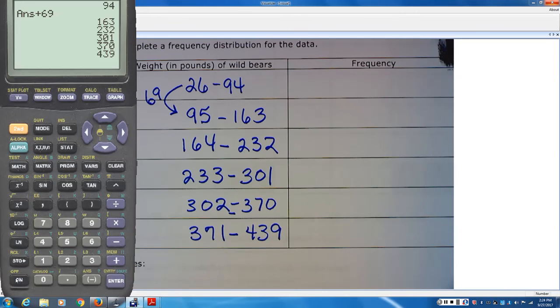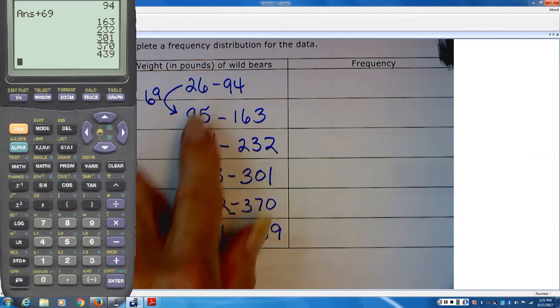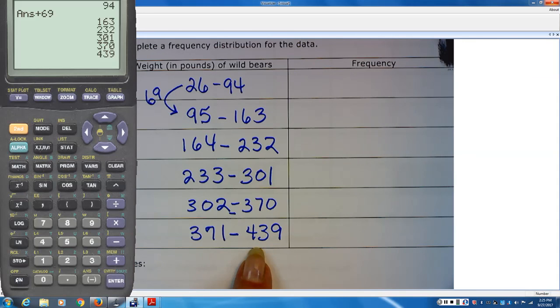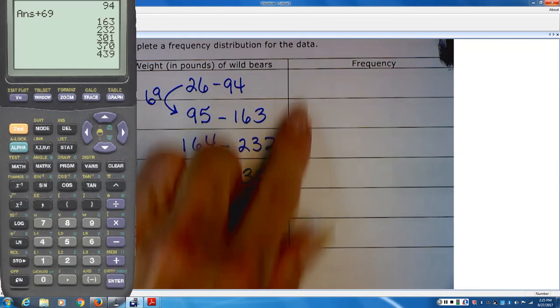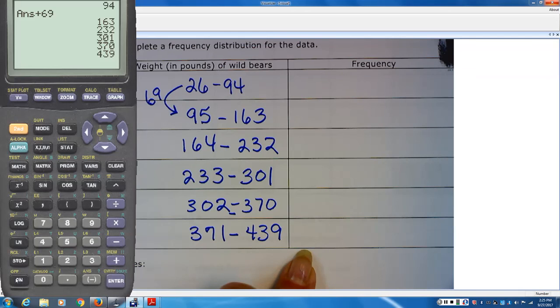Is that right? I see. The 439 there or the highest number? The 439. Because these all have to have the same potential possible values. Okay? So when you counted them and got your frequencies, tell me your frequencies.